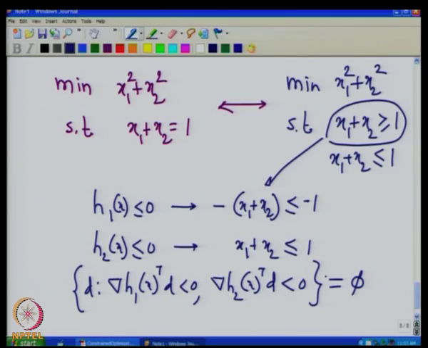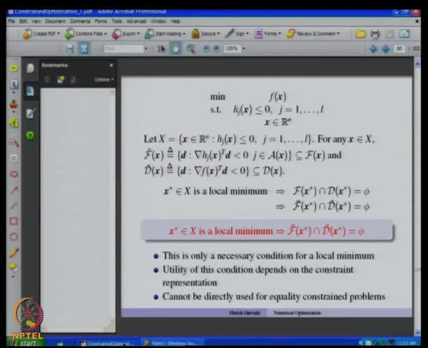So, if we write an equality constraint in this form, then we will always get f tilde x to be a null set, and so for any feasible point f tilde x becomes a null set, and that does not guarantee that x is a local minimum.